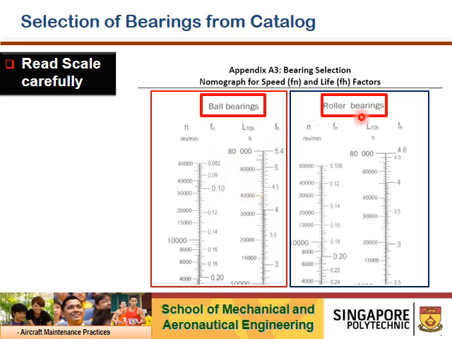Same thing goes for roller bearings. All these must be provided by the questions, and you can refer to this nomograph and get the Fn and Fh respectively. So you must read carefully. Later when we do the example, you will understand why we try not to use nomograph, because of the accuracy of reading.